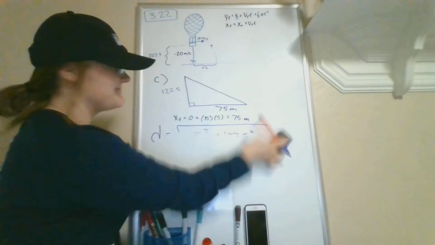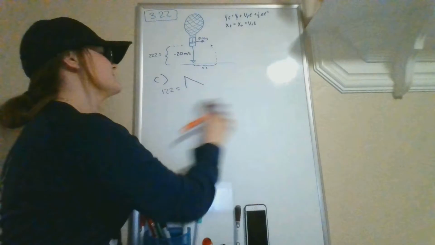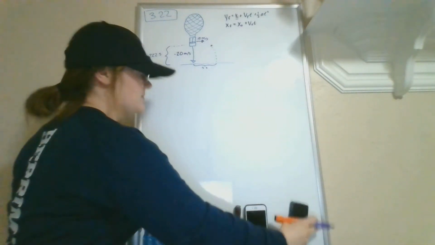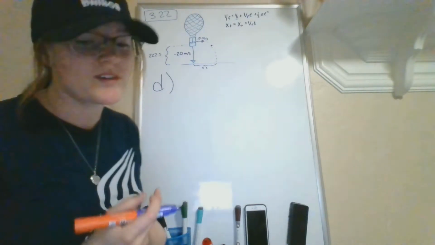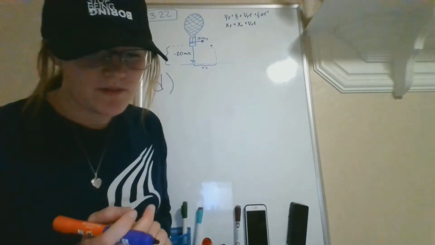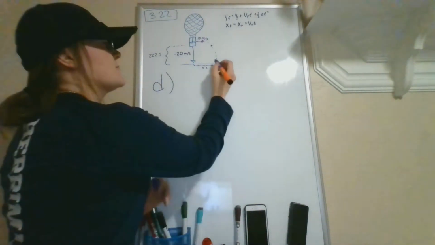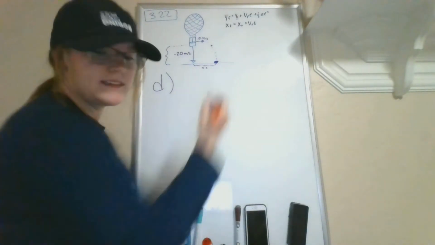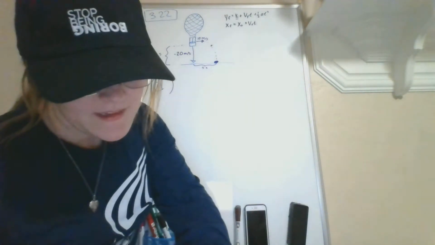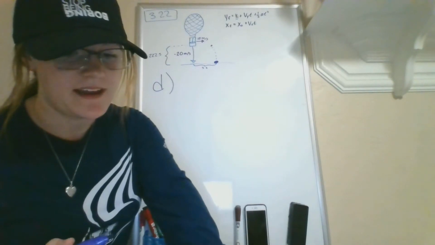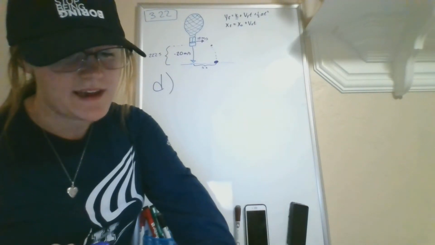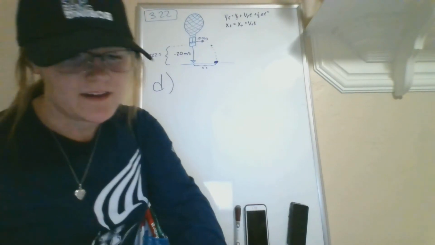This is a long one. Okay, this one's more conceptual. It says, just before the rock hits the ground, so pretty much at this point, find its horizontal and vertical velocity components as measured by an observer at rest in the basket and at rest on the ground.